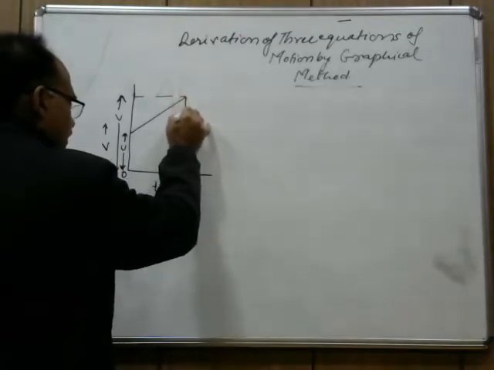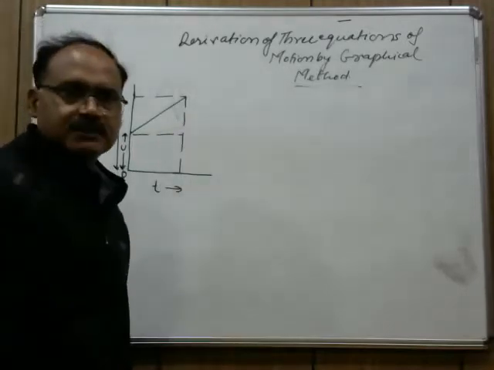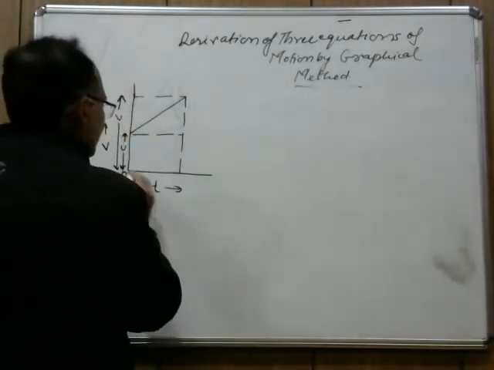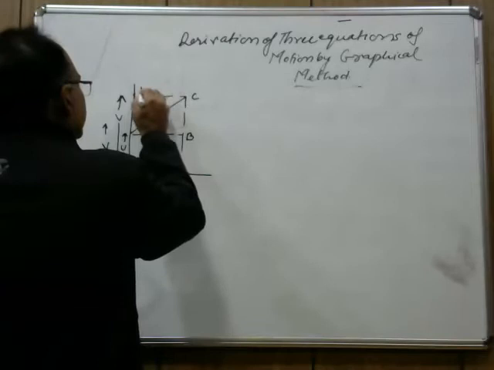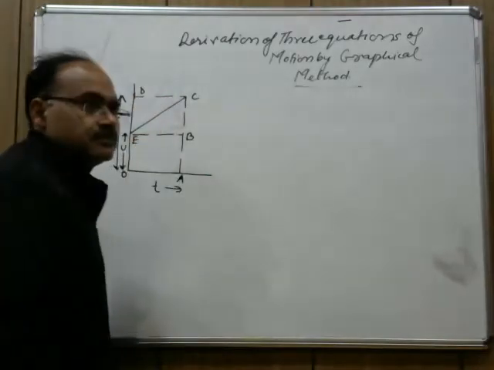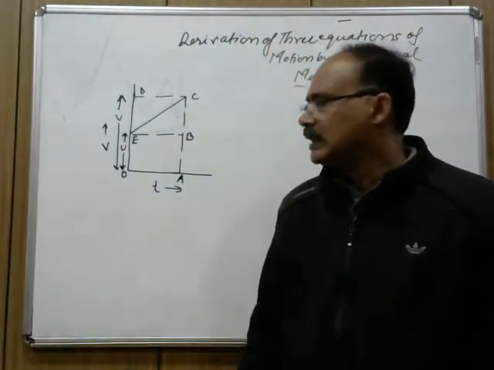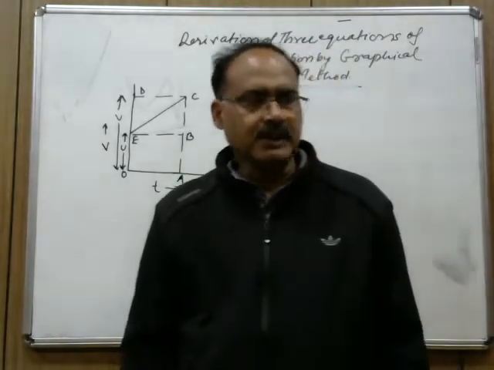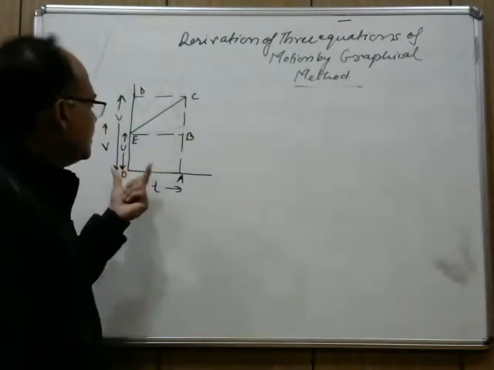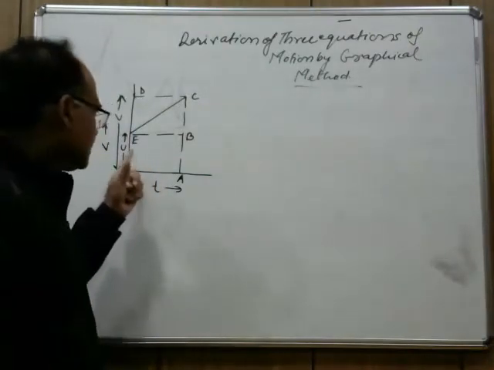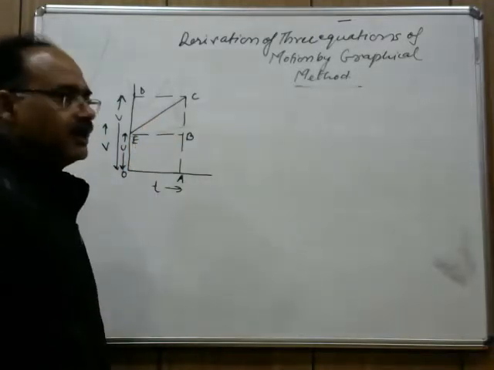Now if we join this by a dotted line and name the different points, for example, this is O, this is A, this is B, this is C, this is D, and this point is E. The graph is similar to the graph in the case of class 9th. Now, this figure can be divided in two parts, one a rectangle and second a triangle.